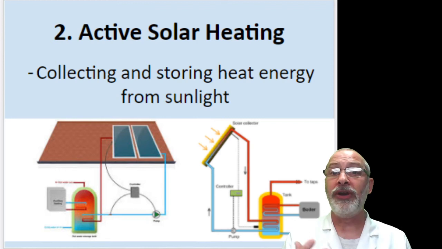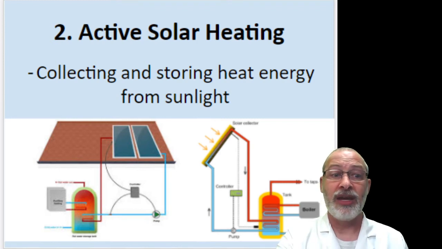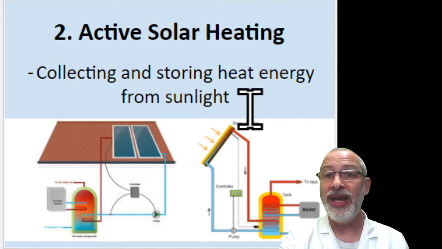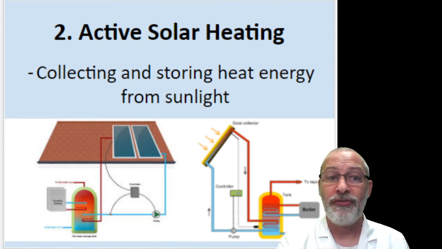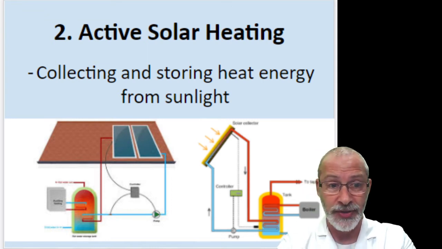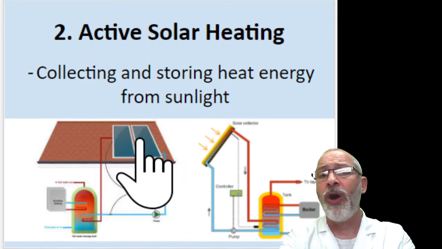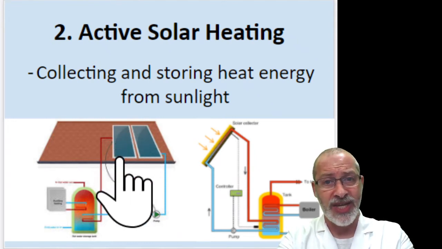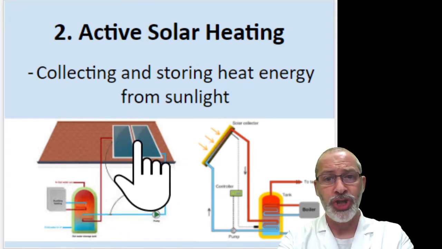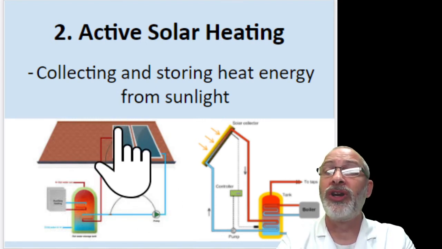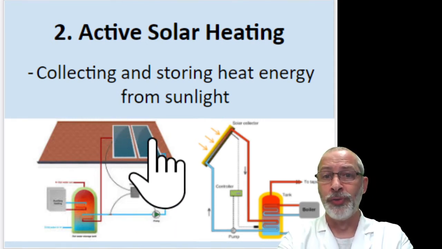So there are different materials that can be used to collect and store heat energy from the sunlight for later use. Check this diagram out, for instance. Here we have a home with not photovoltaic cells on the roof to generate electricity, but solar panels or solar collectors on the roof.